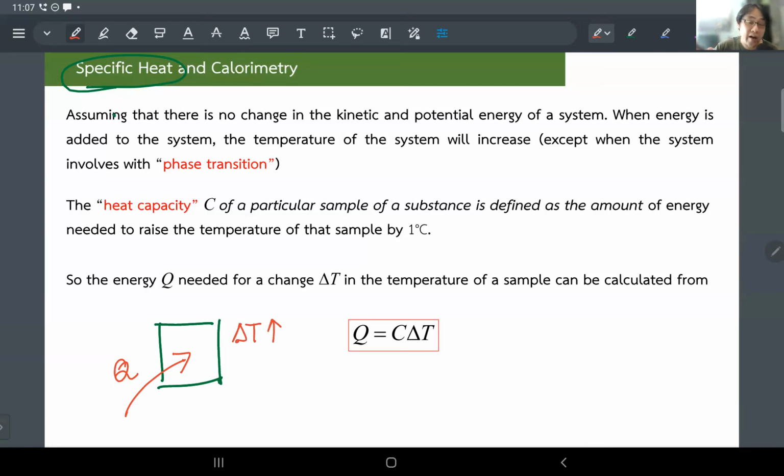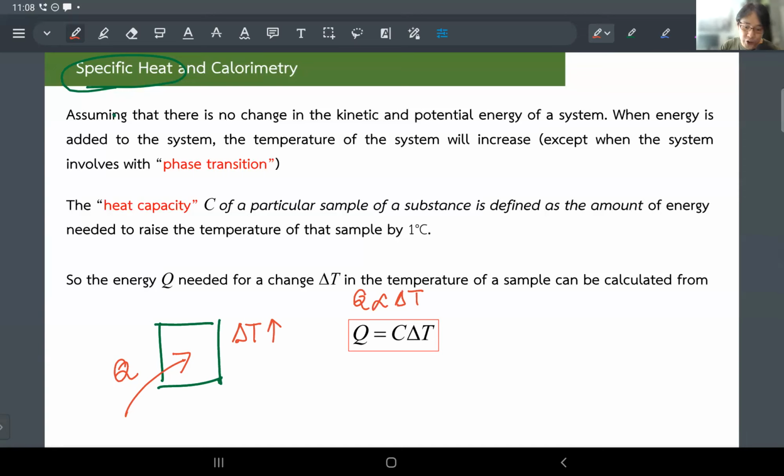For now, this means that the amount of temperature change should depend on the amount of energy that you supply to the system, correct? So the temperature change should be proportional to the amount of energy transfer.